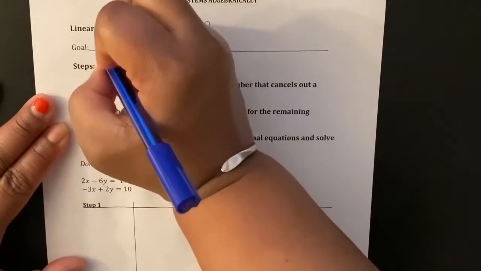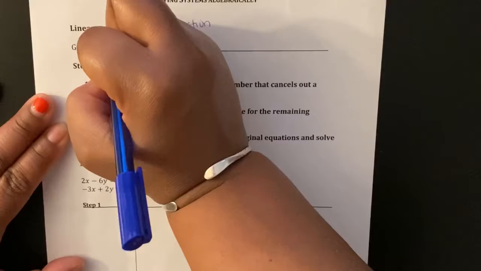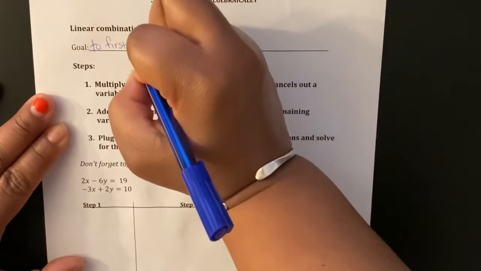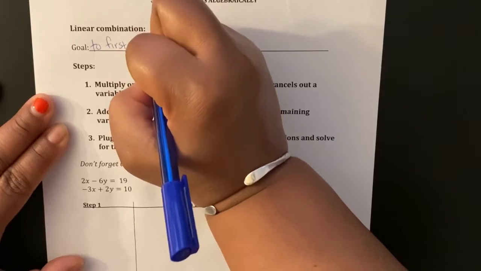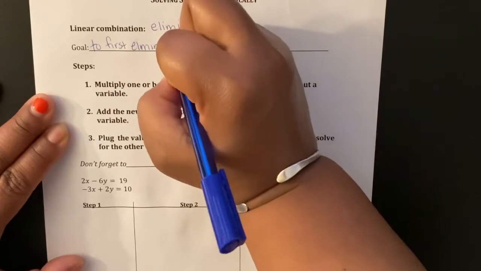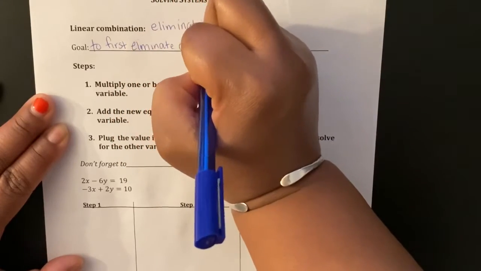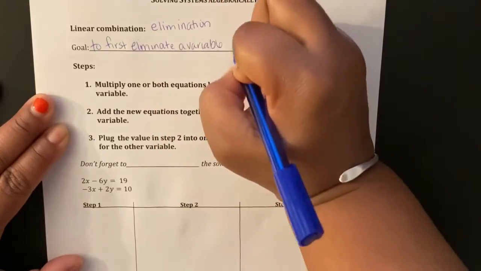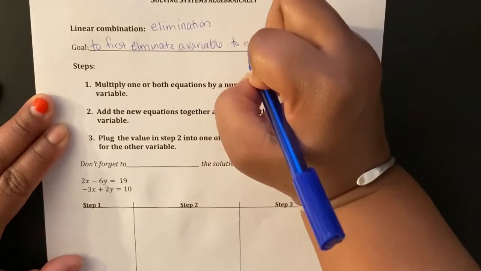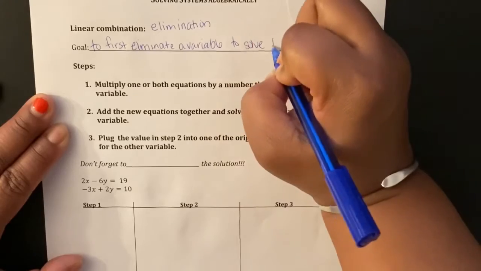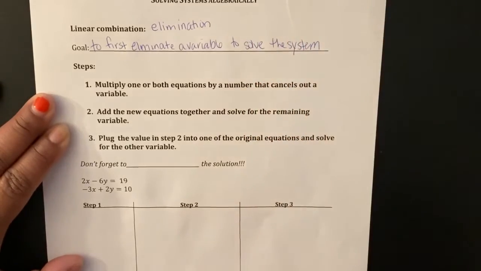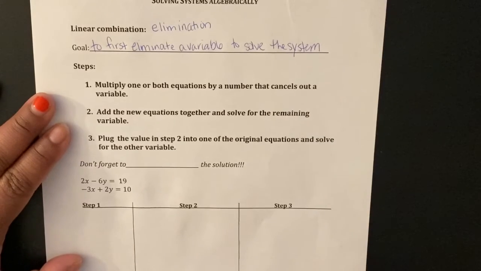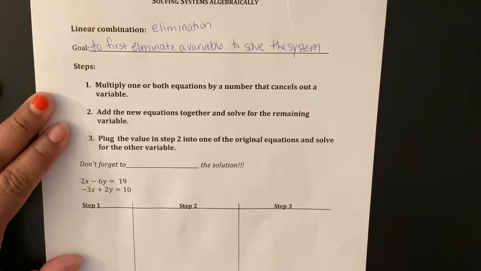It's to first eliminate a variable to solve the system. And eliminating is like canceling out, like what I did at the top of this page.